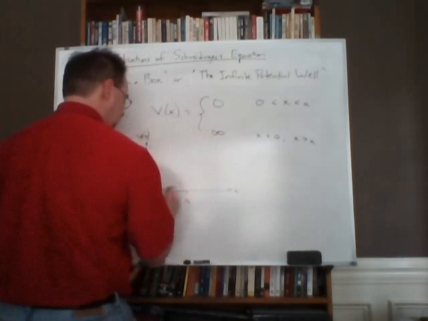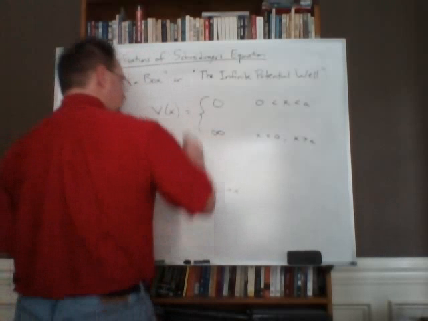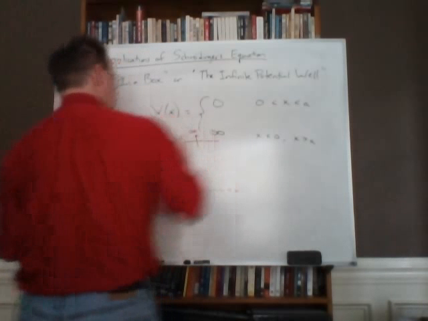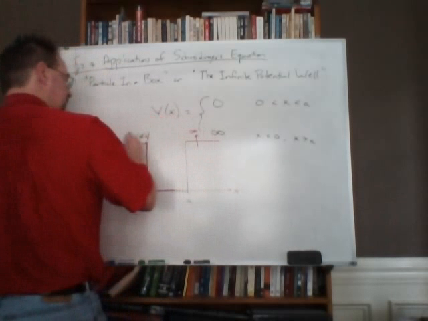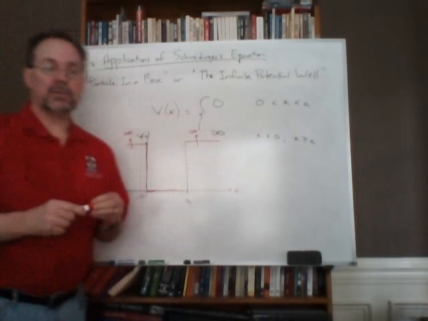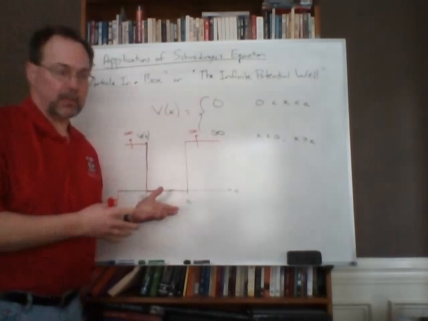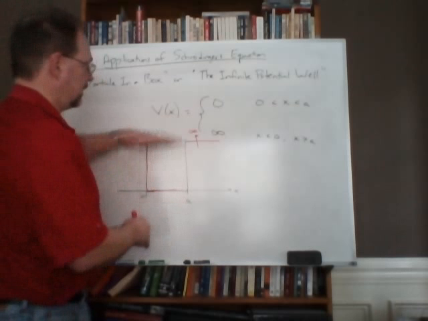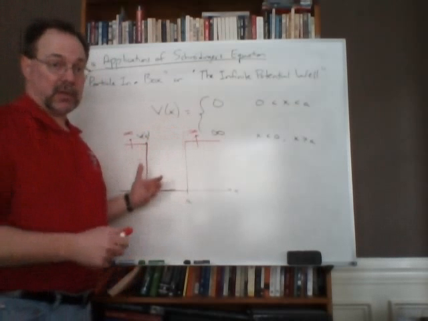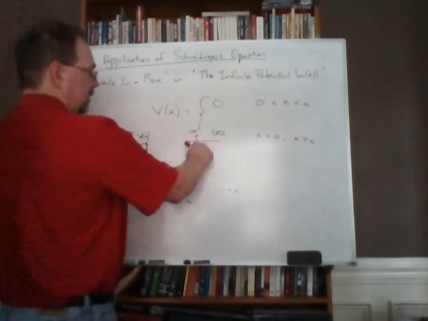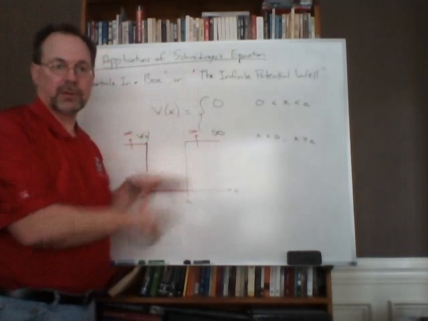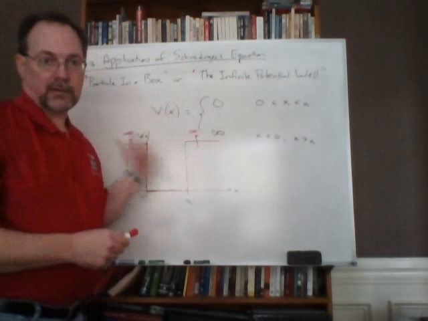So it's 0 here inside the box, and then outside the box, it's like our well has walls, but they're infinitely high. Now, if we had a lot of time, we would do the particle in a finite well, and so the height here would be some finite number, and we could actually show that as that number goes towards infinity, that solution would converge to what we're going to find directly here.